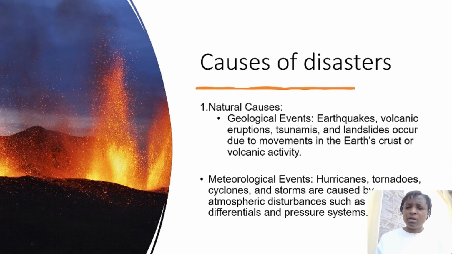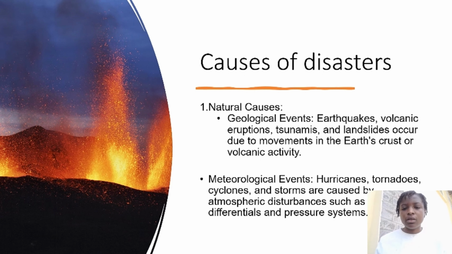Geological events like earthquakes, volcanic eruptions, tsunamis, and landslides occur due to movements in the Earth's crust or volcanic activity. These can cause disasters like loss of life, destruction of properties. It can cause the destruction of ecosystems.